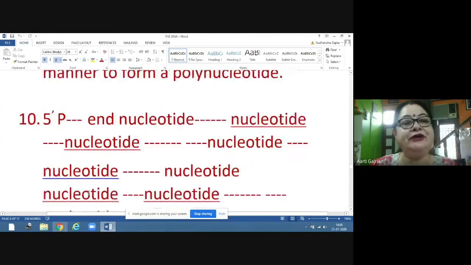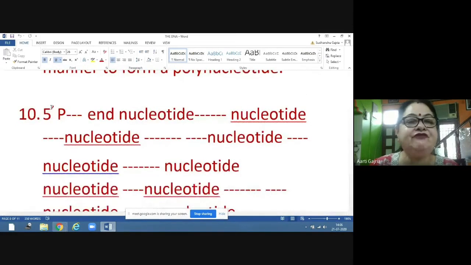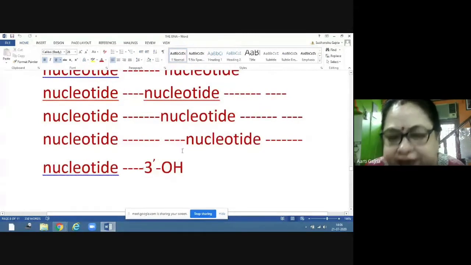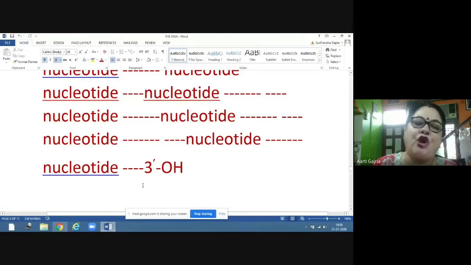Just see here, this is the 5' phosphate. At one end the phosphate is there, then nucleotide, nucleotide, nucleotide, many nucleotides, and at this end there is a 3' hydroxyl group.